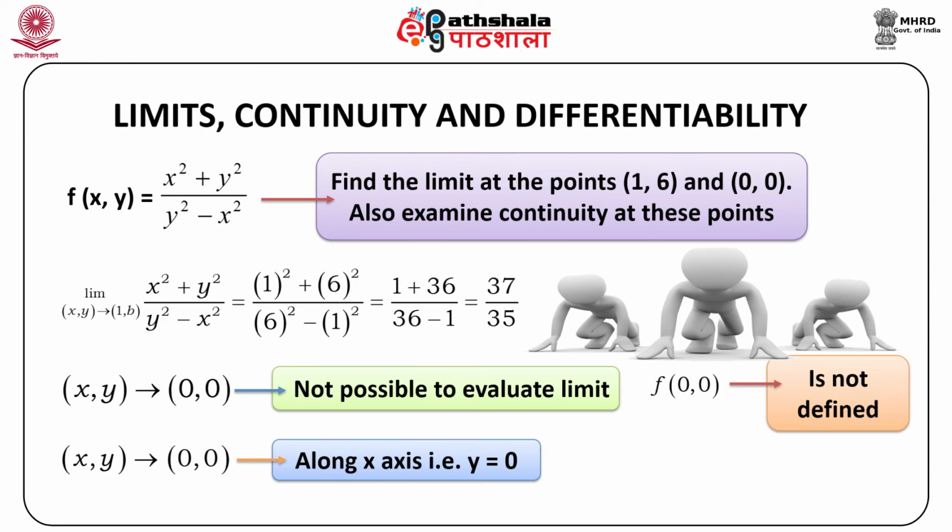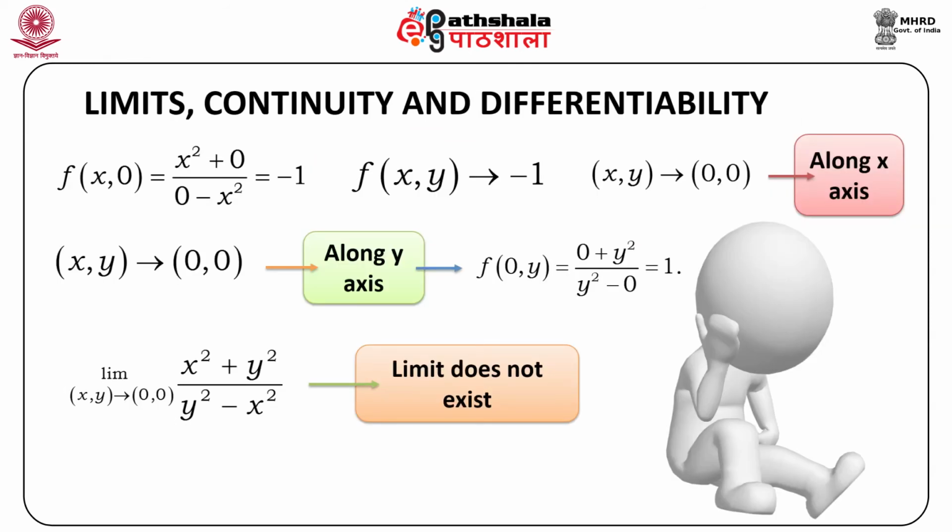So limits are evaluated separately along the x and y axis. As (x,y) tends to (0,0) along the x-axis, that is y equals 0, f(x,0) is equal to (x² + 0)/(0 - x²), which is equal to -1.